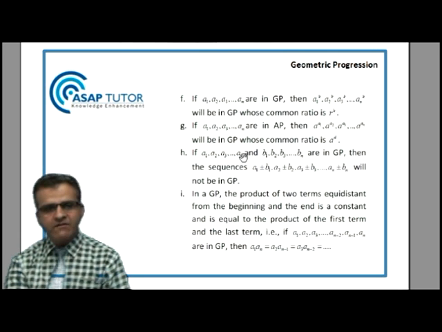If A1, A2, A3 and B1, B2, B3 are two GPs, then the sum and the difference of the two GPs will not be a GP.